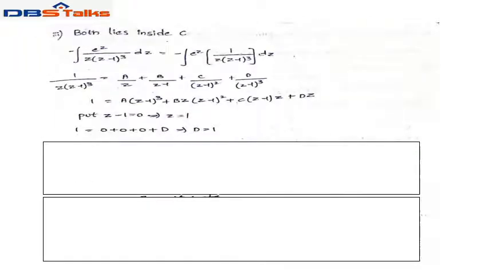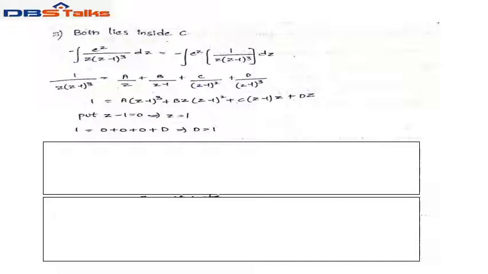Next, third one is both lie inside C. So the problem is minus integral e power z by z into (z minus 1) whole cube dz. In case both lie inside C, then we have to consider 0 and 1. So minus integral e power z into 1 by z into (z minus 1) whole cube.